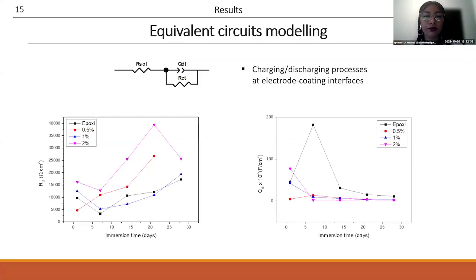And then we fit the data using an equivalent circuit with a single time constant, where we use the air resistance to simulate the solution resistance, and then a parallel configuration of a constant phase element with a resistance to represent the charge transfer resistance and the double layer capacity.